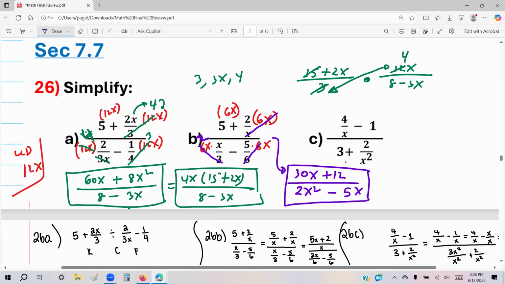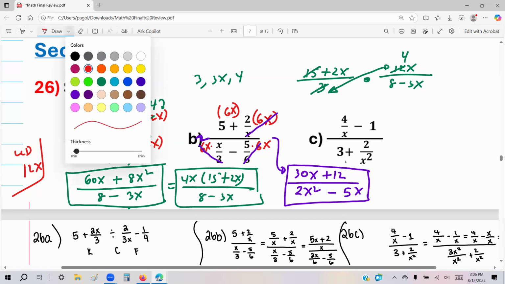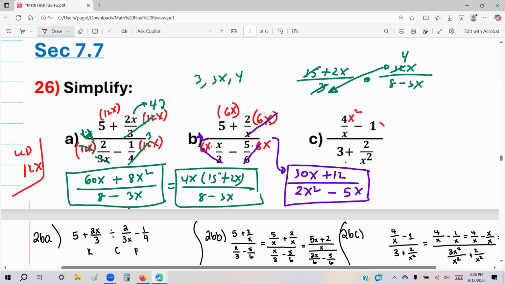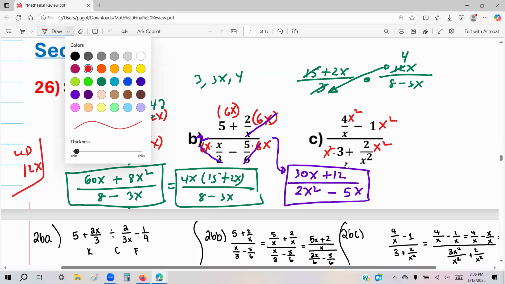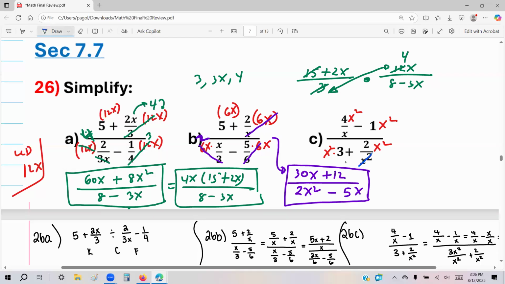What's the LCD on the last one? x squared, good. So multiplying x squared, x squared, x squared, x squared. So x squared cancels out. x squared over x gives you x.